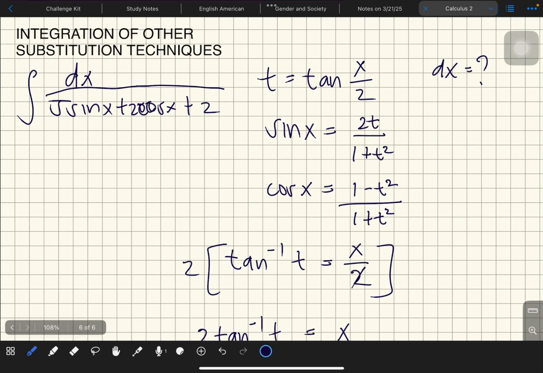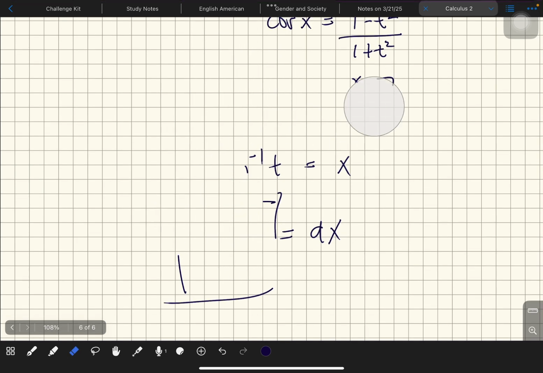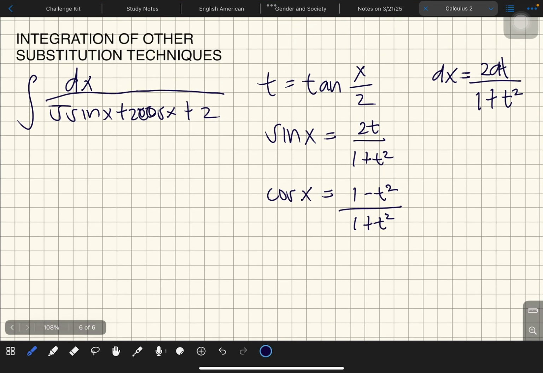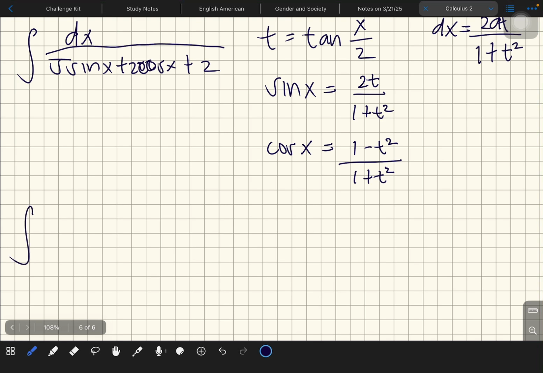So we now have our dx, which is equal to 2 dt over 1 plus t squared. Okay. Now our substitutions are already complete. Now we substitute into our equation.